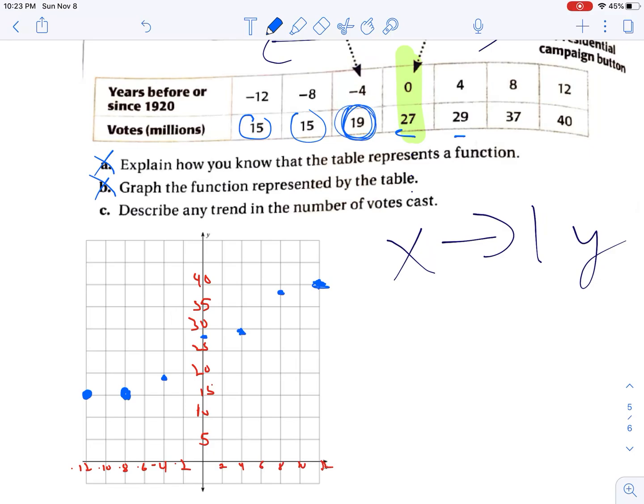If you double 19, you get 38. That's pretty close to double. You could say that when women couldn't vote, it never reached 20 million votes cast. I think the biggest one is that the votes should double because roughly half the population is men, half the population is female. So if only half the population can vote back here, when the other half can vote, it should be pretty close to double.